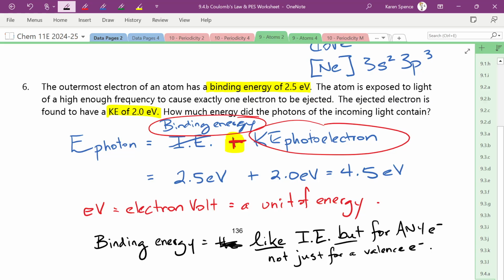There might be outer electrons, but I'm removing this one. So that's not like first ionization energy, second ionization energy, because for this one to be an ionization energy, it would be the ninth ionization energy. Do you know what I mean? You would have to remove those 8 outer ones first.